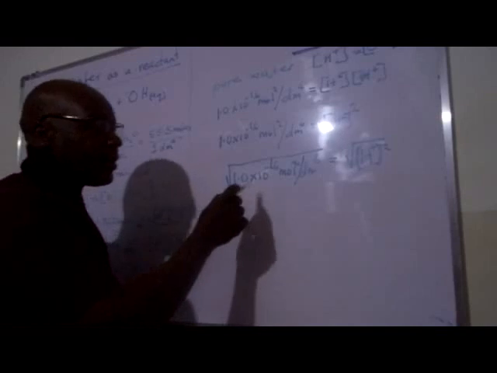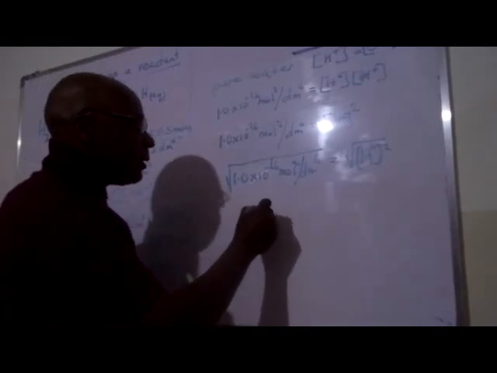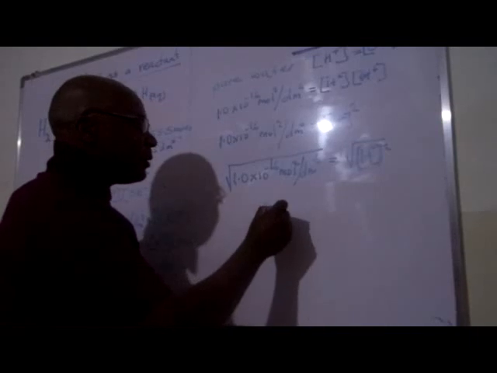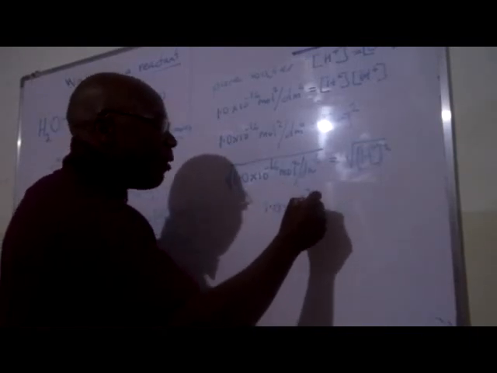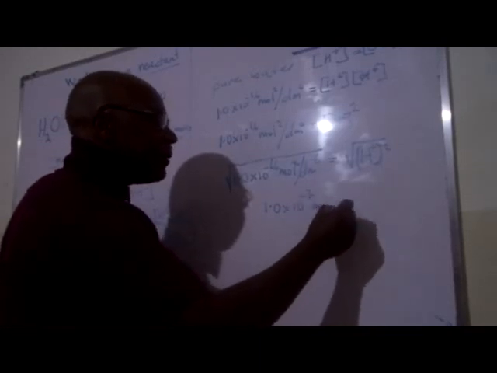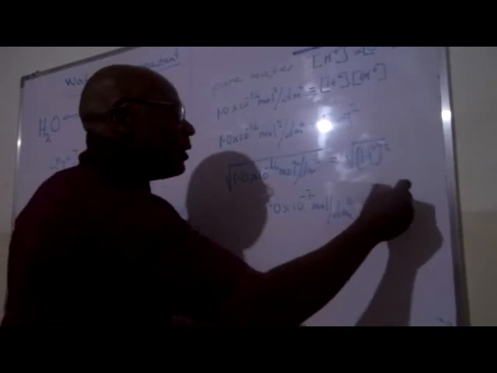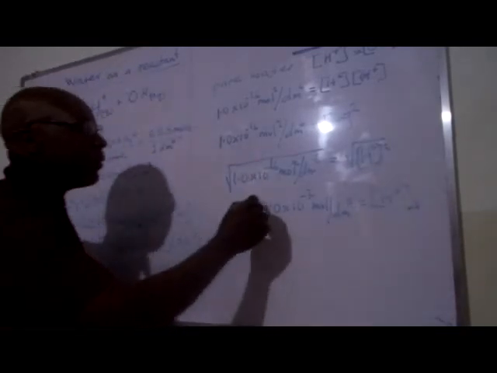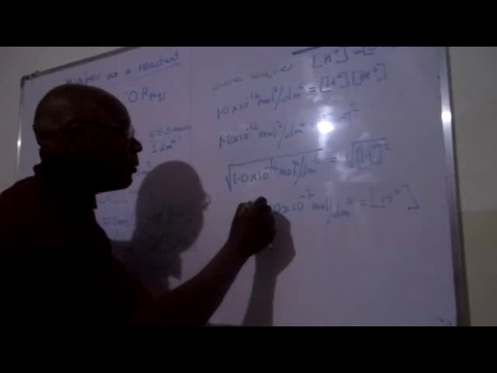If you do your calculations well, this will give you 1.0 times 10 to the power minus 7 moles per cubic decimeter, which is equal to the concentration of hydrogen ions. I hope you are able to see.